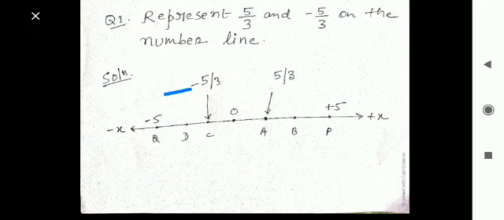In the numerator it is minus 5 or plus 5, so I have taken minus 5 and plus 5. Then come to the denominator, whatever number is given in the denominator, just divide that line into that many parts. In the denominator 3 is given, so we have divided the line OQ into 3 equal parts, and here also OP into 3 equal parts. Then the first point will be the point of 5 by 3 and minus 5 by 3.